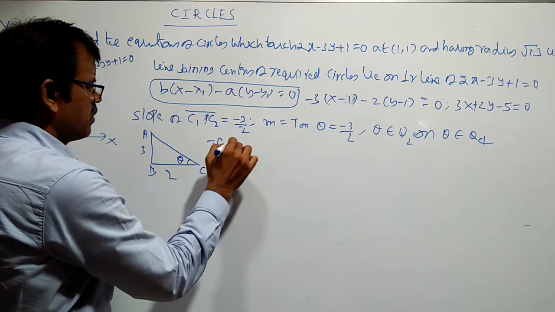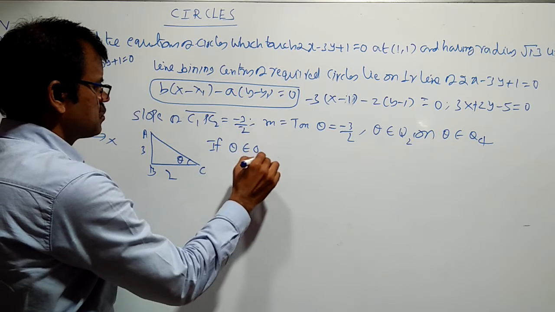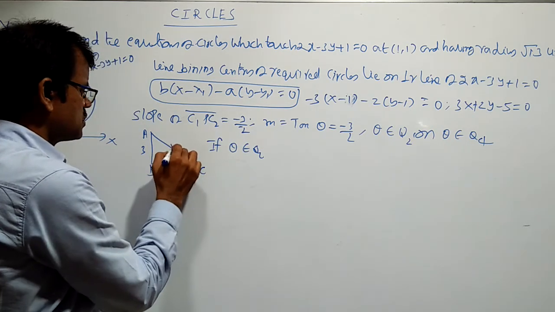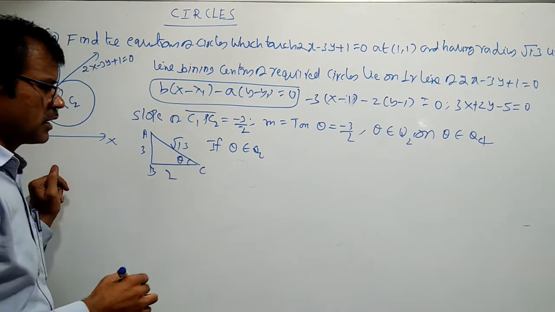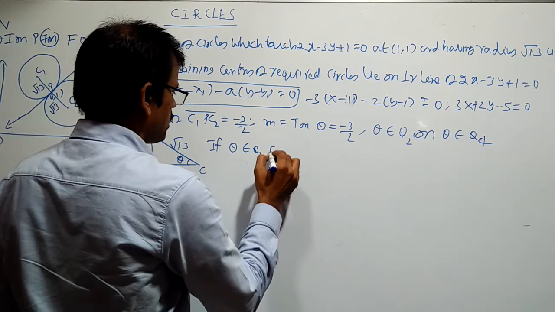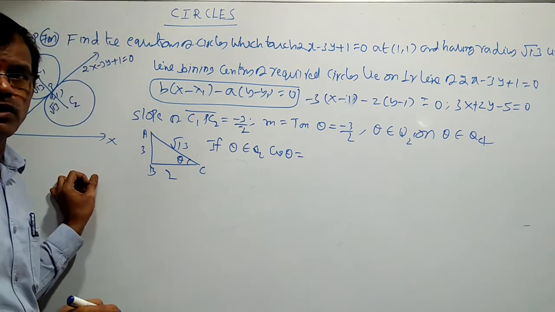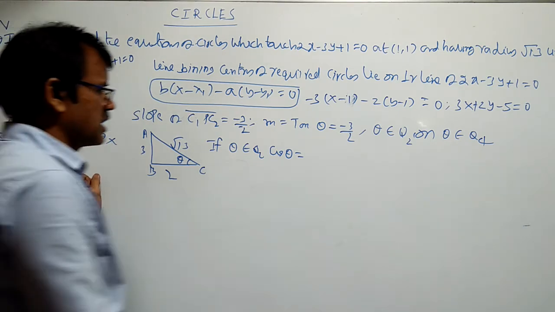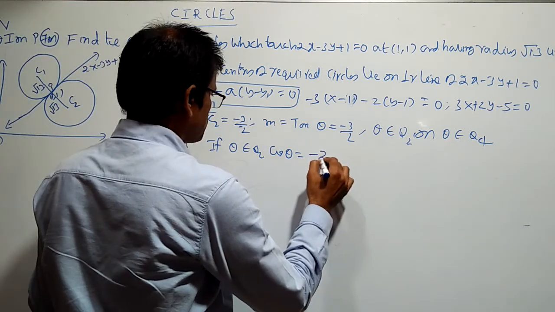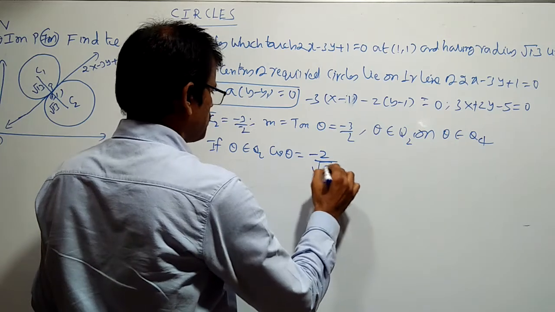If theta belongs to Q2, this is 3, this is 2, and this is root 13 according to Pythagoras theorem. Theta belongs to Q2: cos theta is negative, so cos theta is equal to minus 2 by root 13.